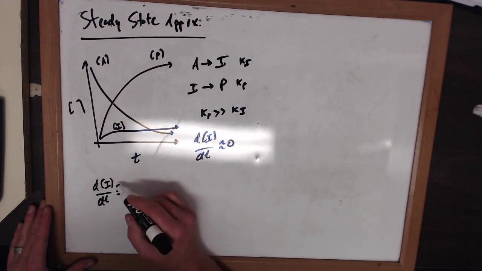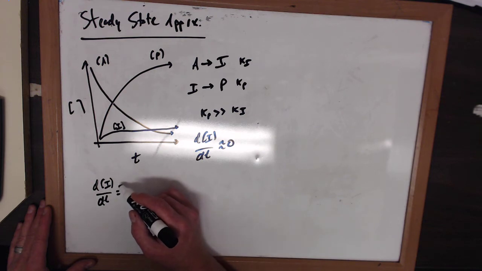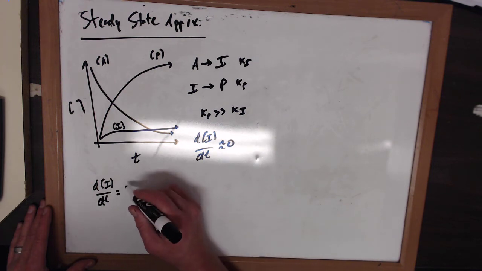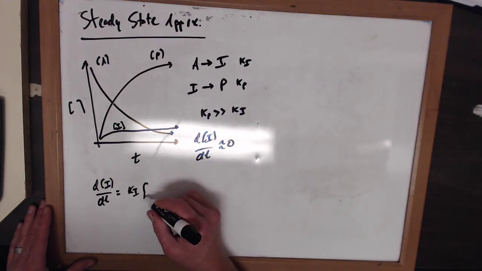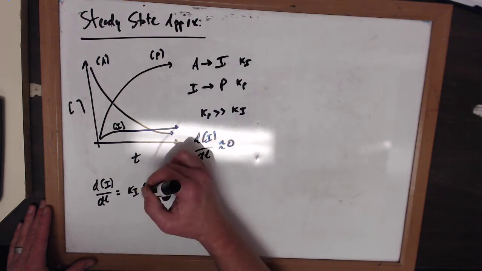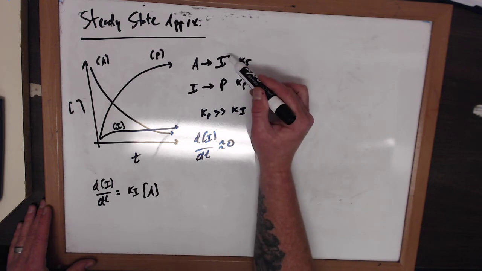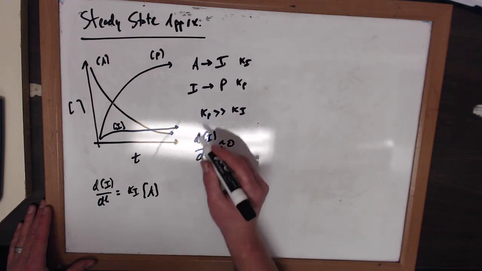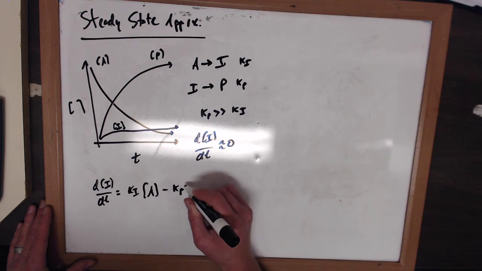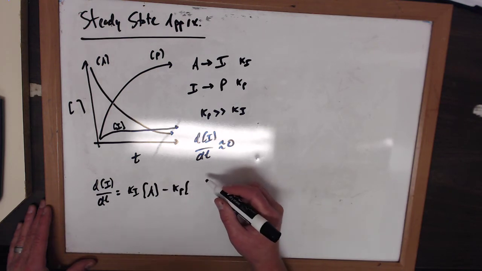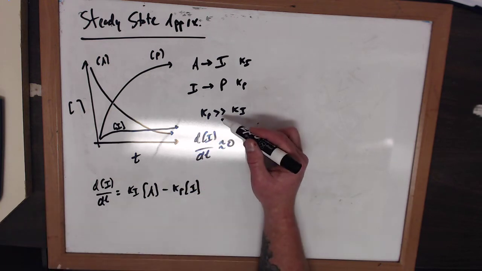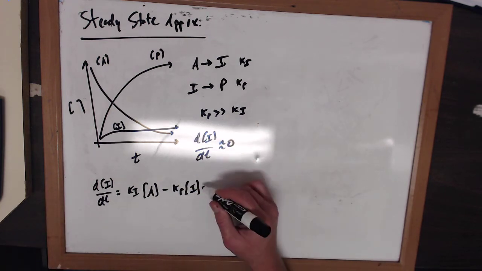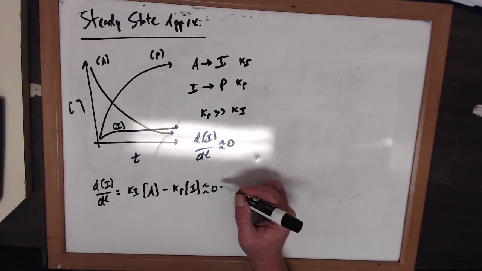So again, if we write out an expression for the rate of I, dI/dt, that's equal to Ki times A, positive, right? Because I is appearing as a product. And then minus Kp times I. If we apply the steady state approximation, then we set this roughly equal to 0.